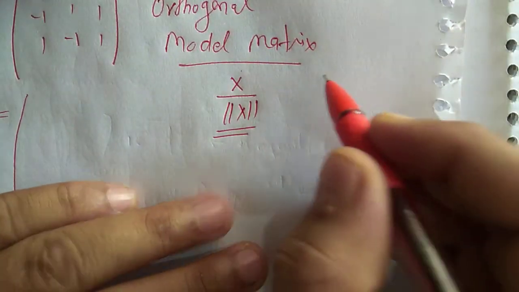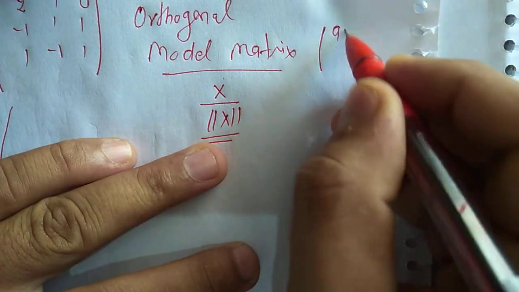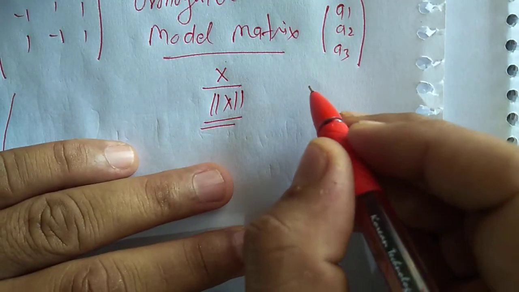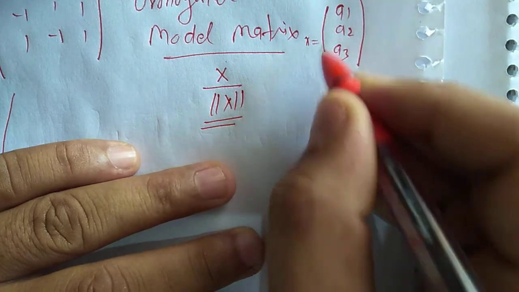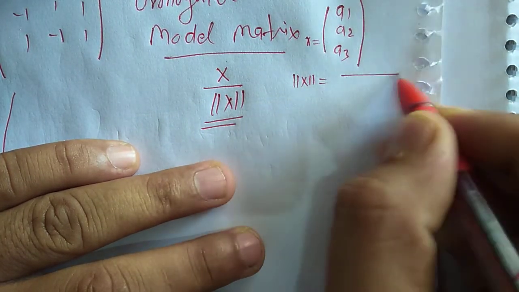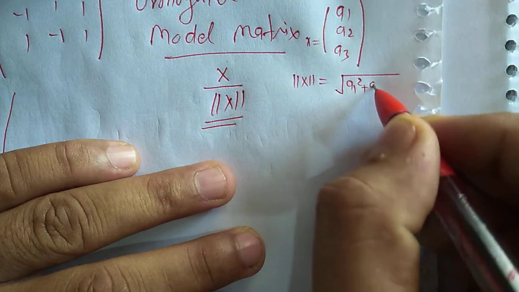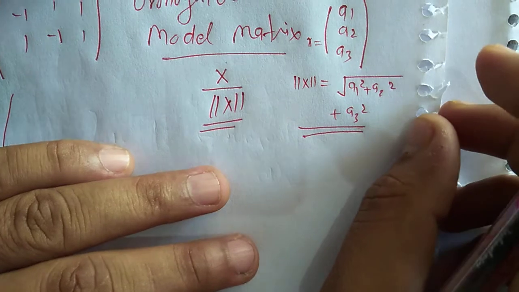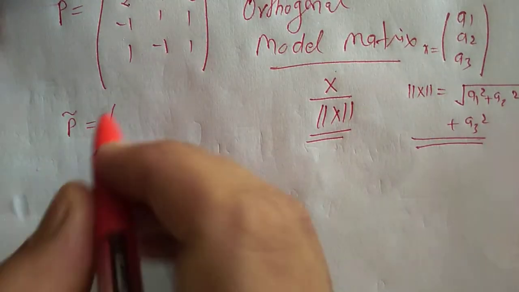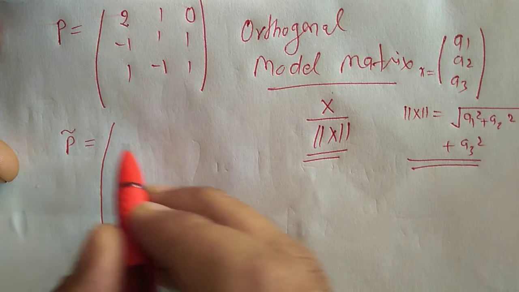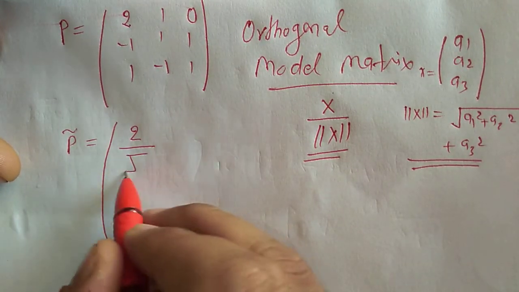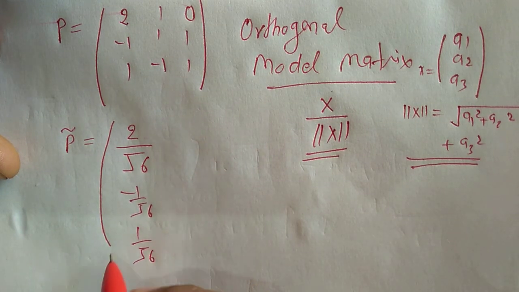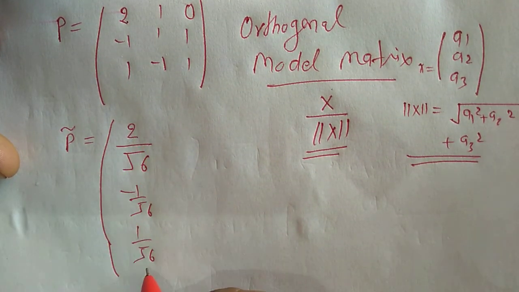If a1 a2 a3 is the given vector, the norm of x will be under root a1 square plus a2 square plus a3 square. So you have to divide each vector. So here we have the orthonormal vector 2 by root 6, minus 1 by root 6, 1 by root 6. So this is the first normalized vector.